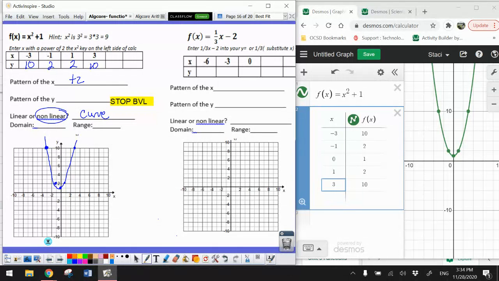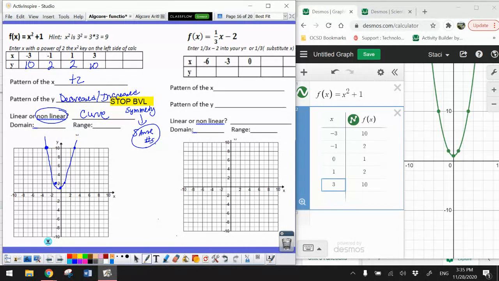Well, what happened here with the y's? Went from 10 to 2, 2 to 10. So it decreased, and then it increased. But it also has what we call symmetry, which are the same numbers. Okay, so if we see the same numbers, we want to say that it has symmetry.